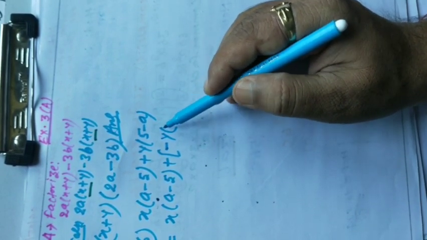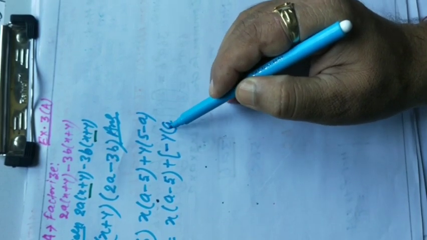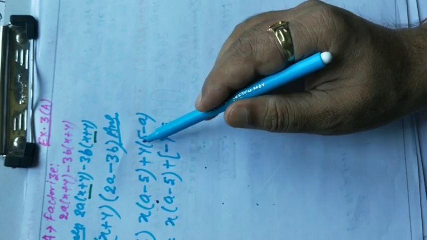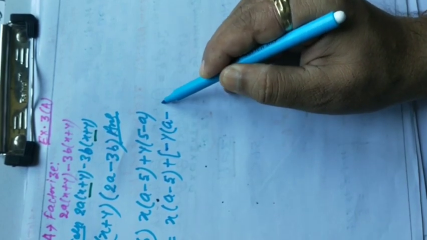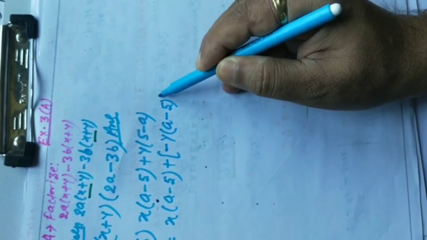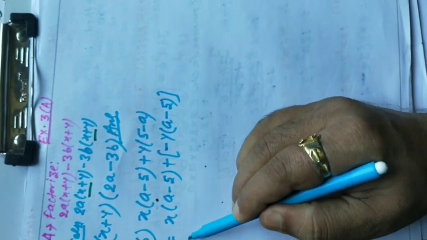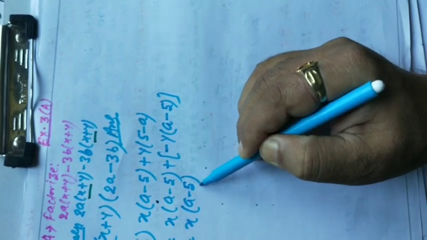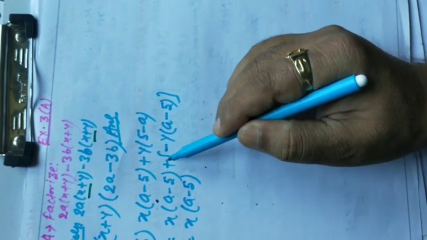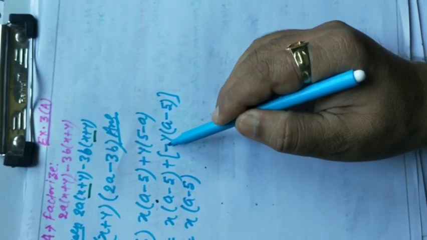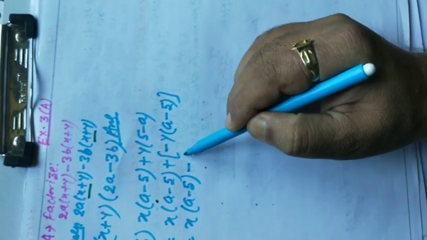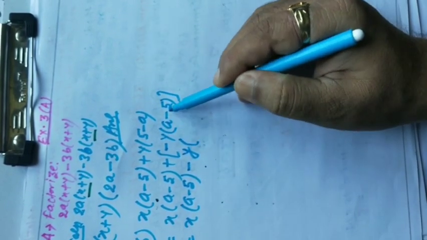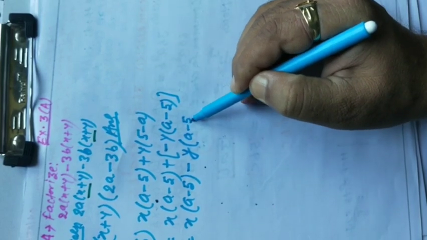Minus a will become plus a in the bracket, and plus 5 will be changed into minus 5. Now x times (a minus 5) is here, and now multiply these two signs. Plus multiplied by minus will be minus. y is there, so put here y, and in the bracket a minus 5 is there.